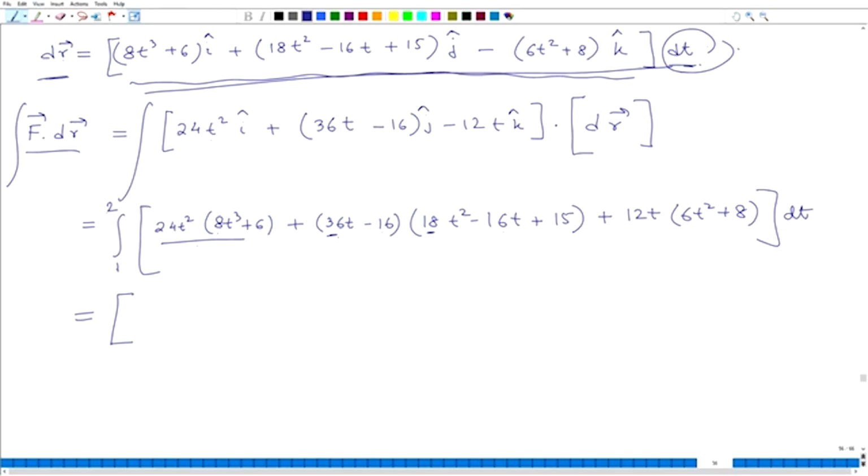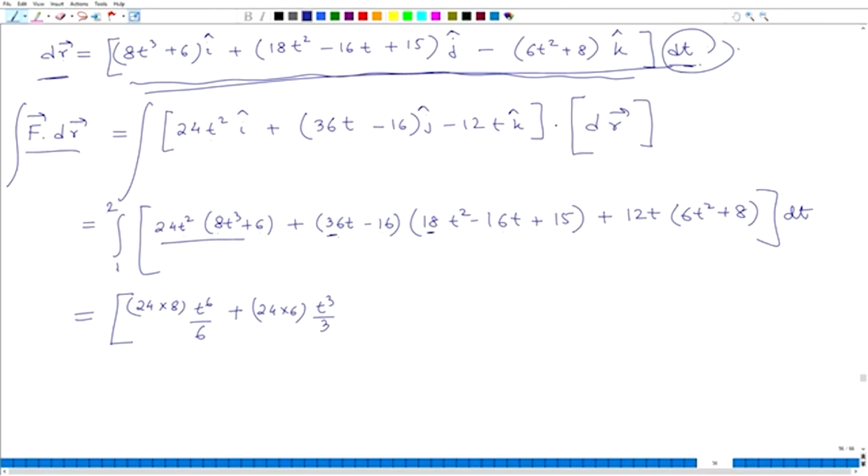So I use that directly, and what I obtained is the following: 24 into 8 t to the 6 by 6. I am just doing the calculations term by term, so that you can cross check carefully and thoroughly. The second one is plus 24 times 6 t cube by 3, because you see here is a t square and there is nothing else, so t square dt will be t cube by 3.